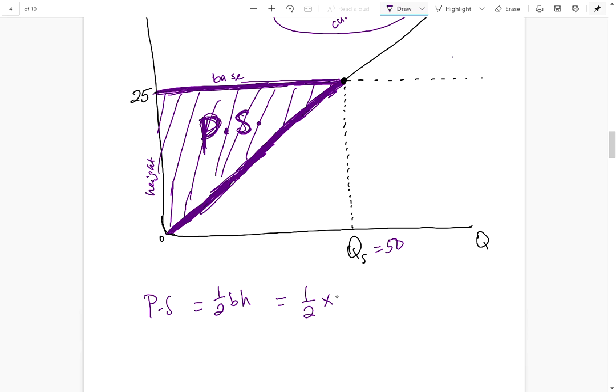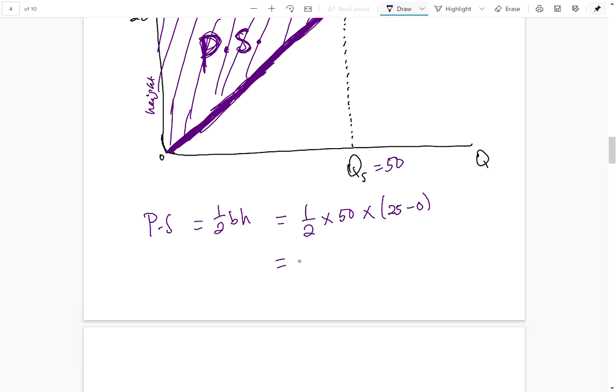So 0 to 50, so we have times 50 times our height from 0 to 25, so 25 minus 0. So we have half of 50 times 25, which again will be 625.